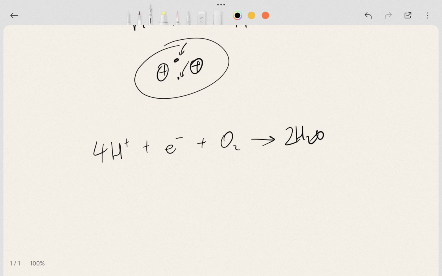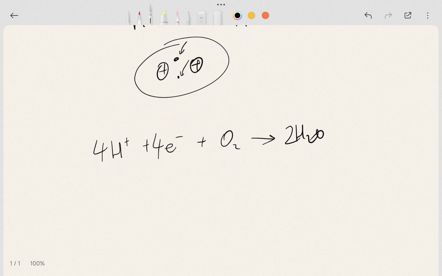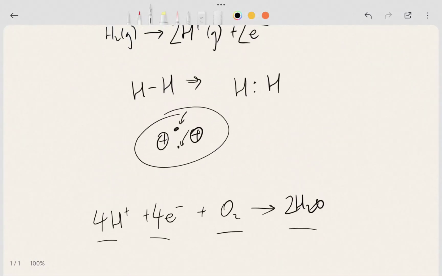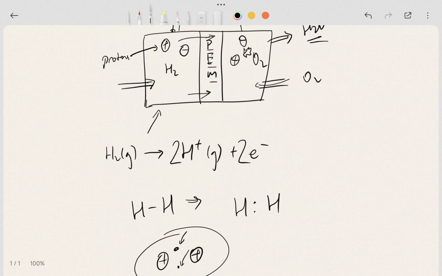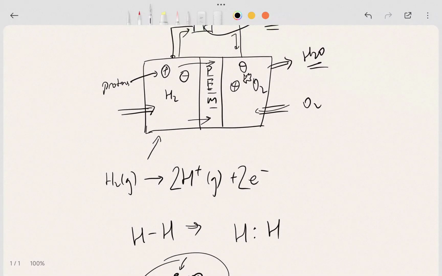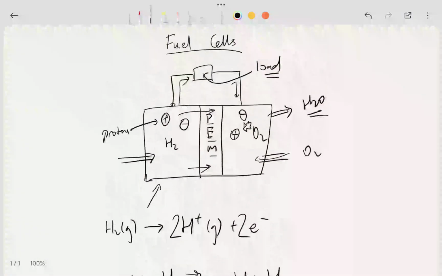But anyways, oh wait, yeah, you would need a 4, sorry. Yeah, 4. So 4 protons plus 4 electrons plus 1 oxygen gets you 2 water molecules. So effectively, what happens here is when the protons pass through the membrane and the electrons pass through the wires on top here, they react with oxygen gas and then produce water. So that's essentially how a fuel cell works.